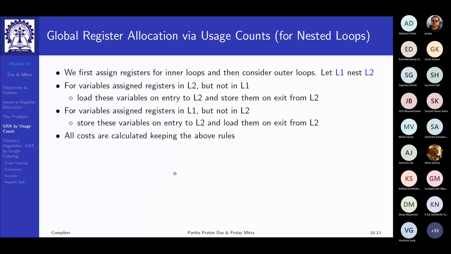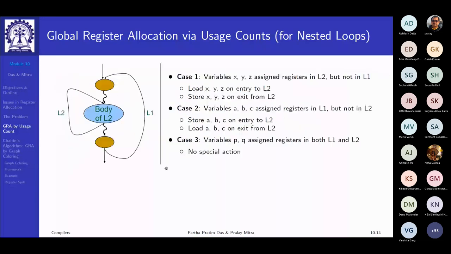Now, to complete the analysis of loops, all that you need to do is to extend it for the outer, nested loops. So let me just show the diagram. So you have a nested loop L2 here with the body and you're looping. L1 does something, goes into L2, loops for some time, comes out and loops again.